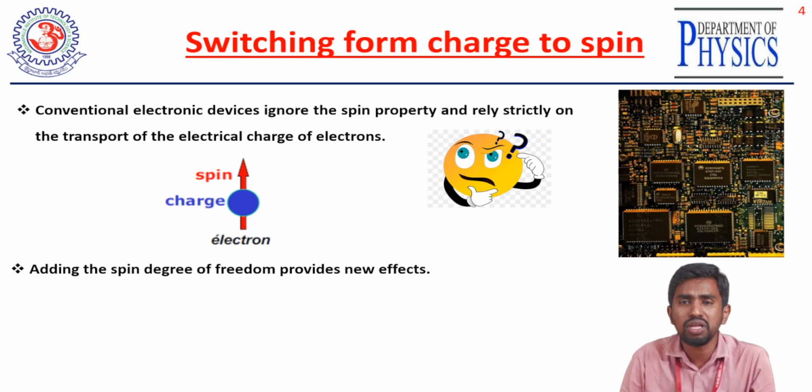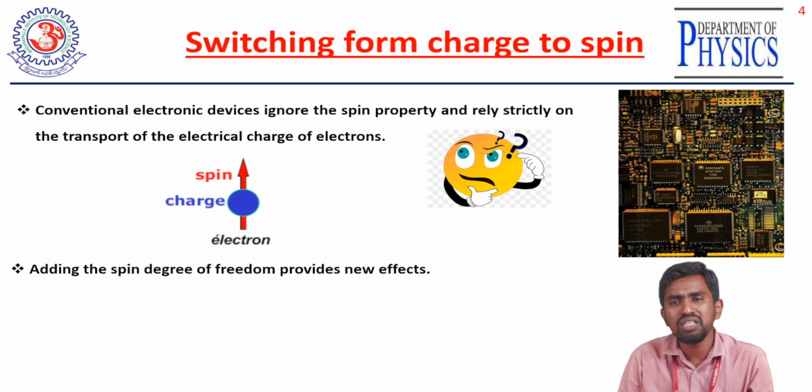So in this way, we will now add a spin degree of freedom to our electronics. It will provide a new effect, where we expect to replace the clumsy electronics we see in gadgets like transistors, diodes, and motherboards. These are all charge-based electronics; can we replace them with spin? Then the question is, if we replace them, what is our advantage in this scenario?